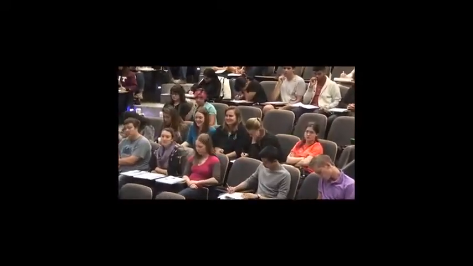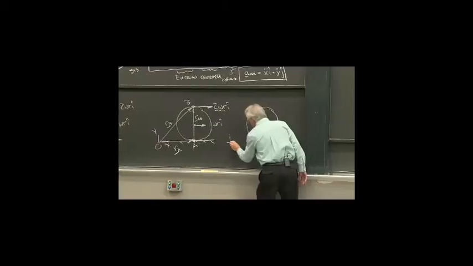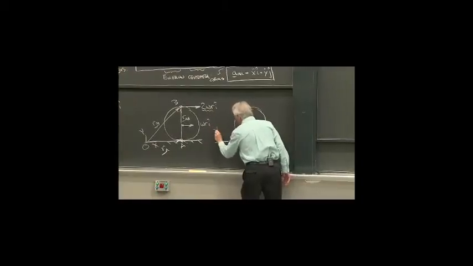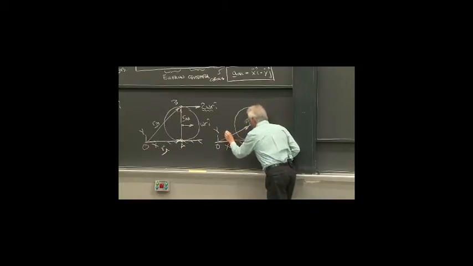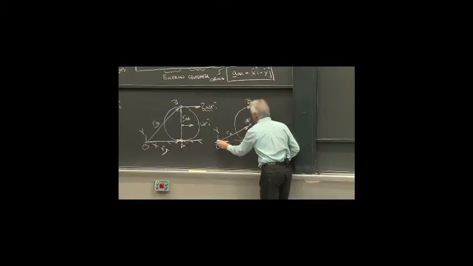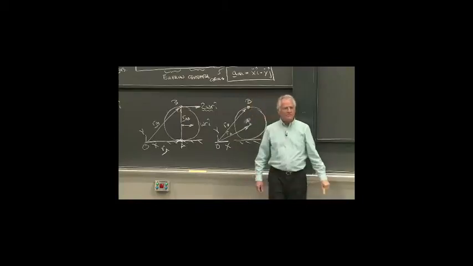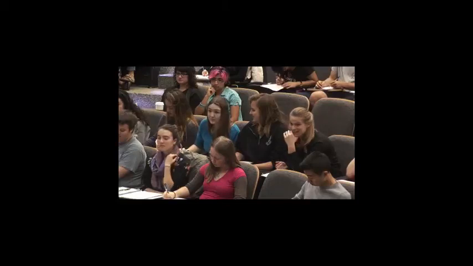Now it's Lauren's turn. Lauren comes along, says, I don't see it that way. I want to do it this way, because after all, I get to choose. So I am going to call this point A. Lauren, what have you done?